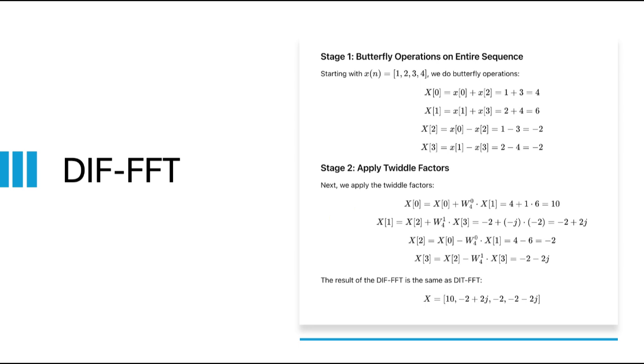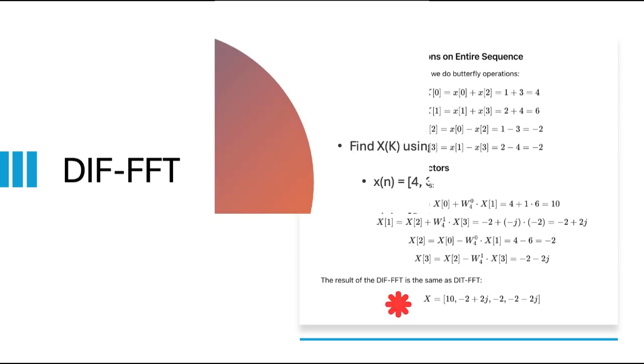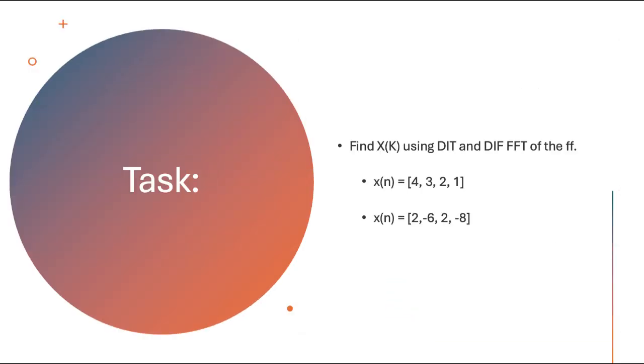Crunching these butterflies gives the final spectrum: X equals 10, negative 2 plus 2j, negative 2, negative 2 minus 2j. The result is mathematically identical to the DIT-FFT. The key difference: DIF splits the frequency domain first, keeping the input in natural order, making it highly efficient for hardware implementations.